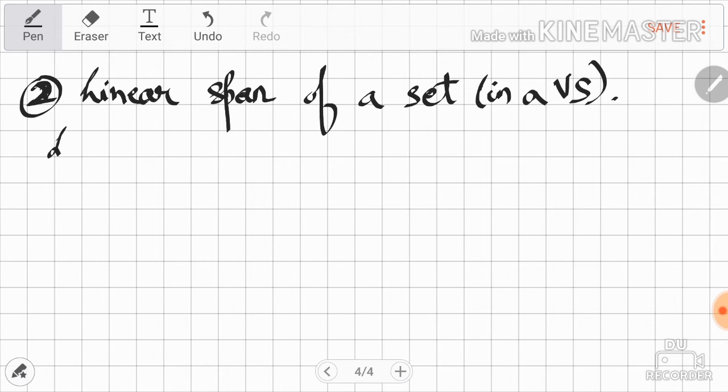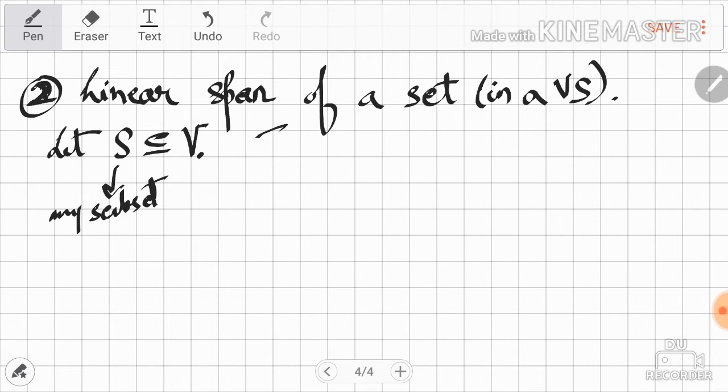So let us say S is any subset of the vector space. I'm not saying that this set S is a vector subspace. I'm simply saying that this set S is any subset of the vector space. So what do you mean by the linear span?